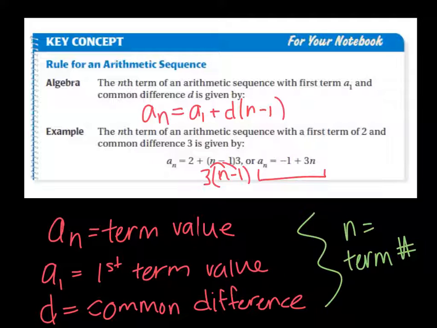So let's go ahead and try to use this rule and write one ourselves. It says write a rule for the nth term of the sequence. It gives you the sequence 50, 44, 38, 32, continued.